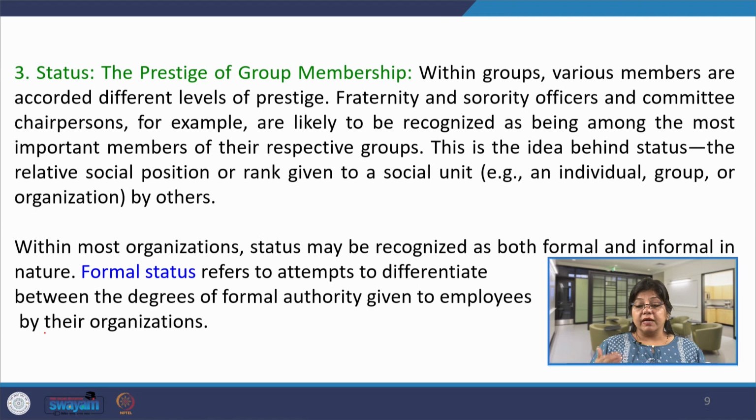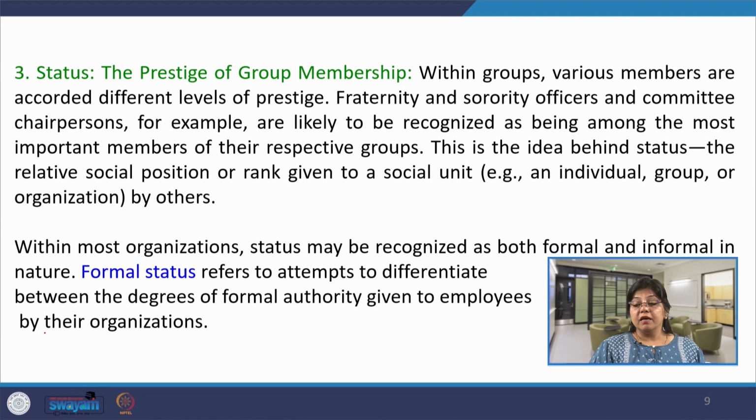For example, fraternity or sorority officers and committee chairpersons are likely to be recognized as being among the most important members of their respective groups. Any chairman of the group will be accorded the highest status in the organization, because he is the highest authority. Or maybe the chairperson of a particular group, maybe a sorority, that means a club of women, or a fraternity, and how she holds that status.